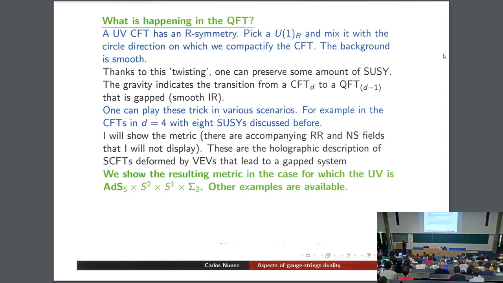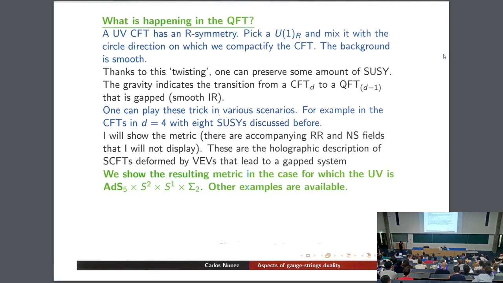One is picking a U(1) inside that R symmetry and mixing it with the circle direction on which we compactify the field theory. The background is smooth all along the flow, and thanks to this mixing, this twisting, one can preserve some amount of SUSY. The gravity background indicates a transition between a CFT and a quantum field theory in one dimension less that is gapped. Okay? And one can play this trick in different scenarios.